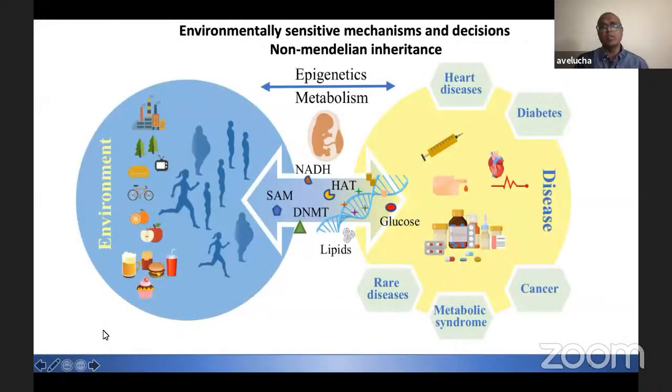That is non-Mendelian inheritance: apart from genomic nucleotide changes, there are chemical groups that can be added to the already existing nucleotides. The nucleotides don't change, the A, T, G, and C remain the same, but some chemical groups are added to them, and that controls the transcription of a genome.